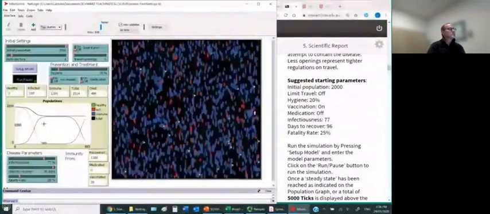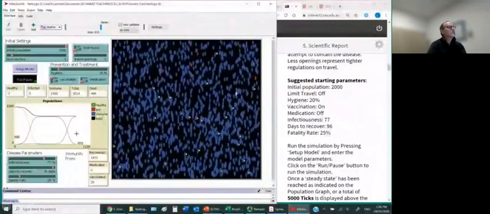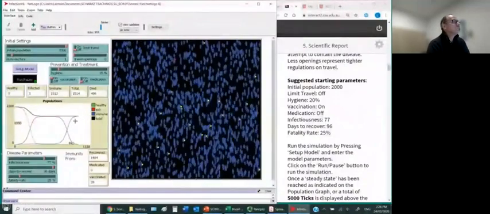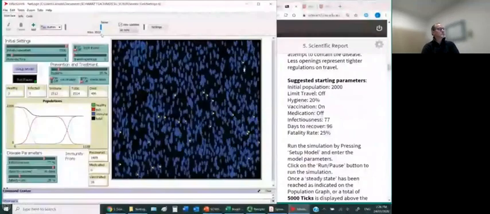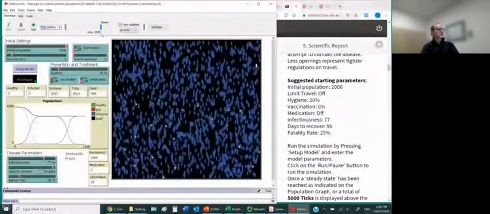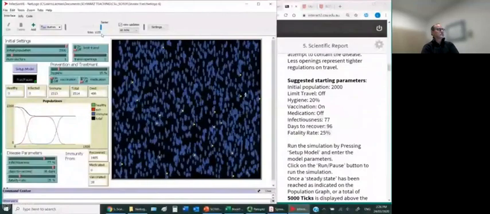We see these curves changing. When they plateau, our red, our sick line, we want that to remain unchanged, and our immune line, we want that to remain unchanged. And we've kind of reached that now. And you can see it's only got up to 1,000 ticks. So I could stop that now, but I might run it just a tiny bit longer.